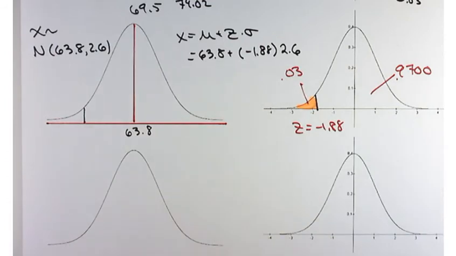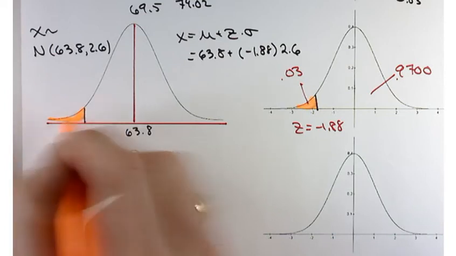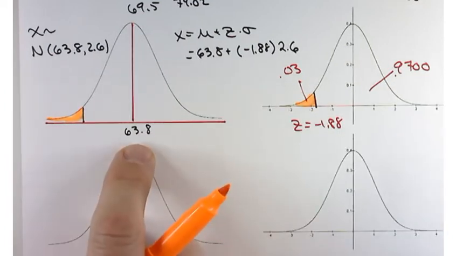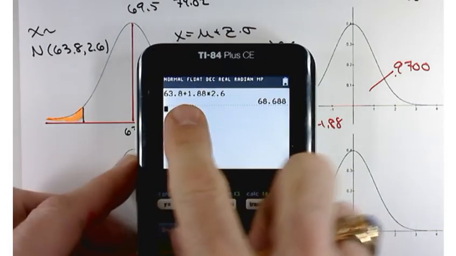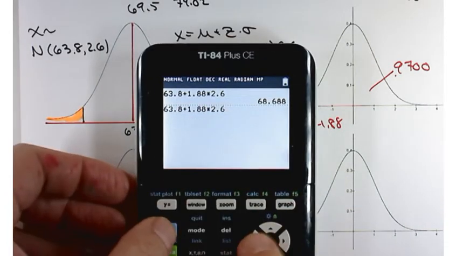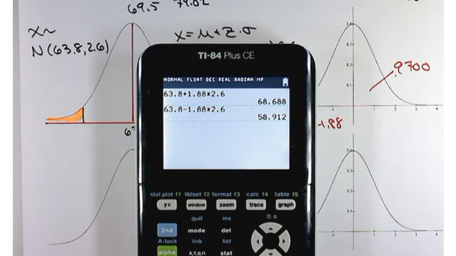You're still looking for a place where there's 3% of the area in the left tail, but certainly it has to be lower than the mean. What's wrong in this one is I forgot the negative. So let's just go back there and put that in. Now I get something that makes a little bit more sense. 58.912.